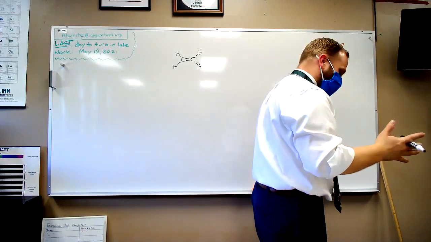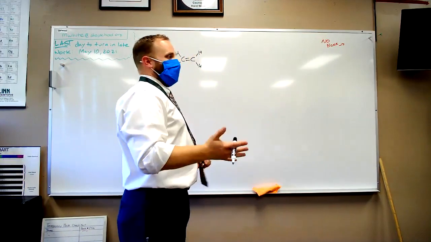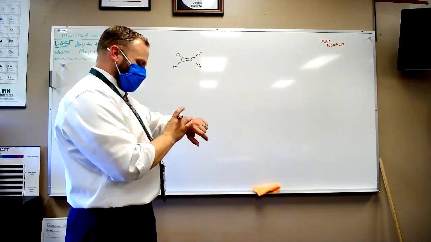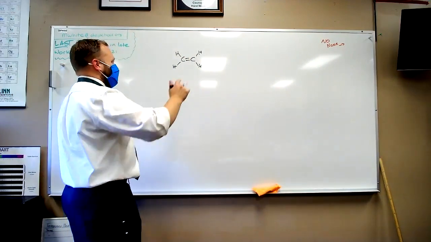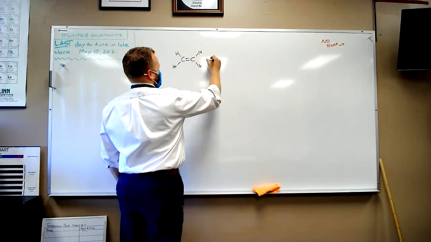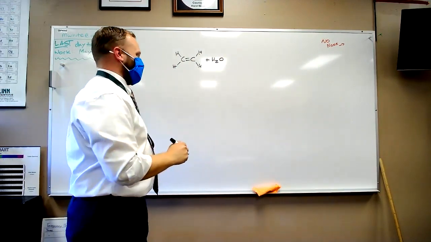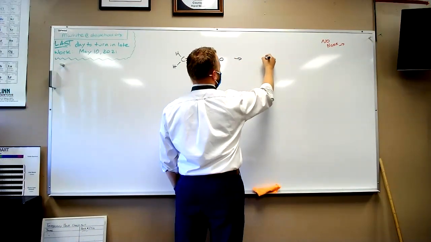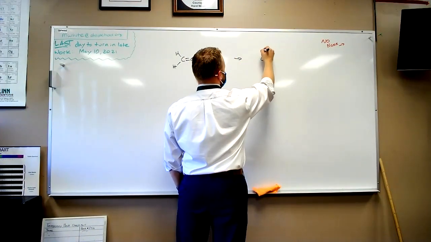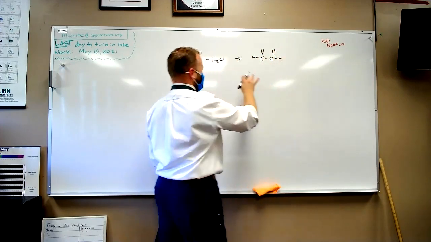Basically, this is just all the opposite things that we can do. Okay? All of the opposite. So if we add water, this is a hydration. So we're going to get rid of the double bond. And we still have everything that we started with.